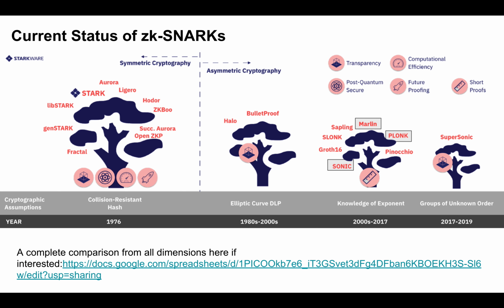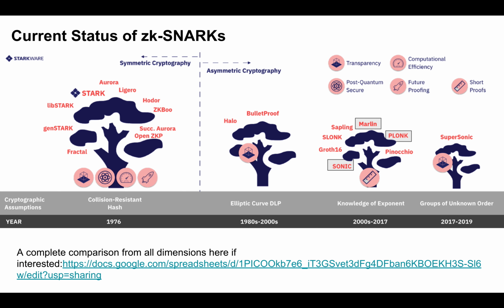In this talk, I won't discuss each construction in detail. Here, I just would like to let you know that we finally chose Sonic, Marlin, and Plonk as potential candidates for our Zen network after comparing measures listed in this link that I posted in the slide.